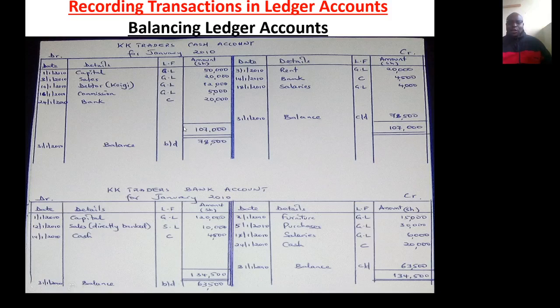But that money actually belongs to this side. The same, if you look at this bank account that we've drawn here, this side has a higher figure than this side by 63,500. So we are establishing this balance so that in February, we will have cash in the cash box for use equivalent to 78,500 and money in the bank 63,500.